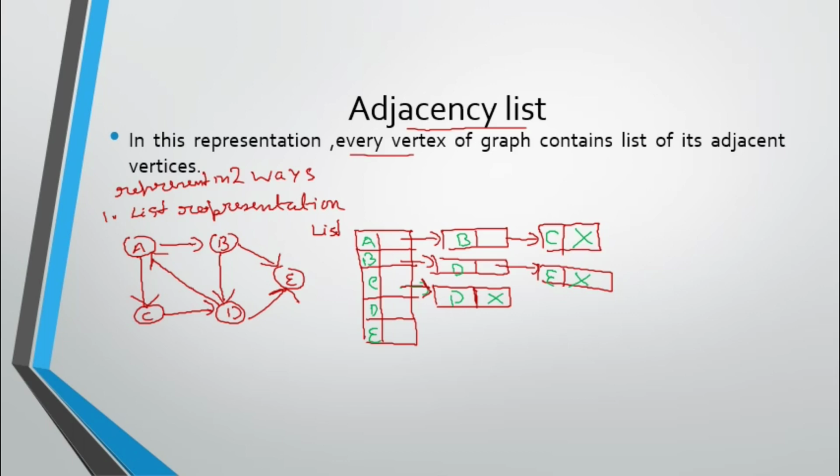Okay. Next is from D. From D, I can go to many places. That is, from D I can go to E, and I can go to A. Only two places, no?